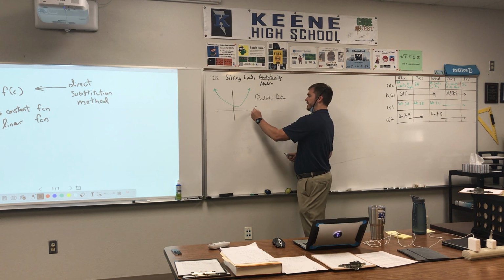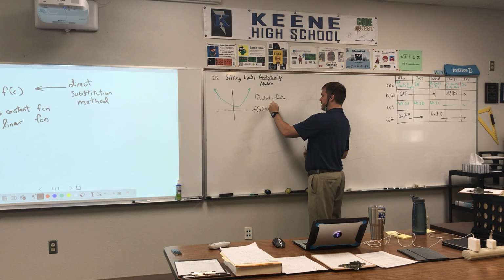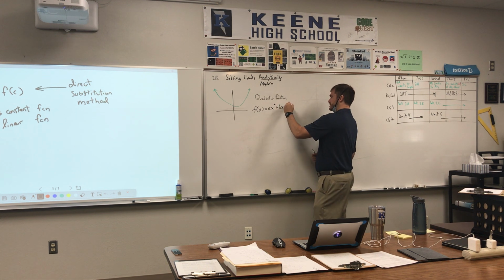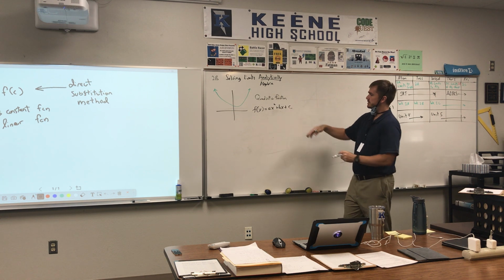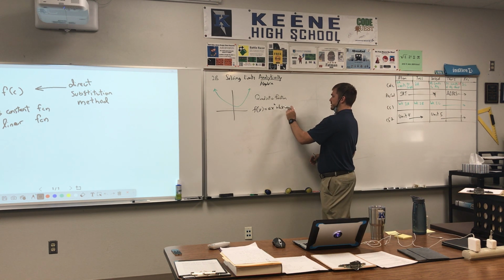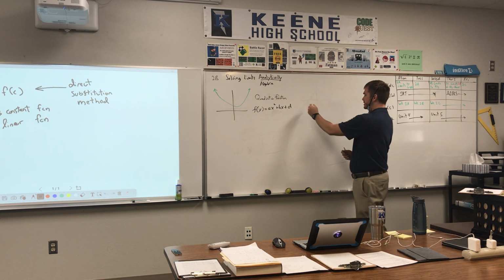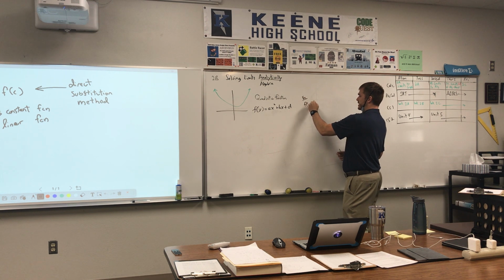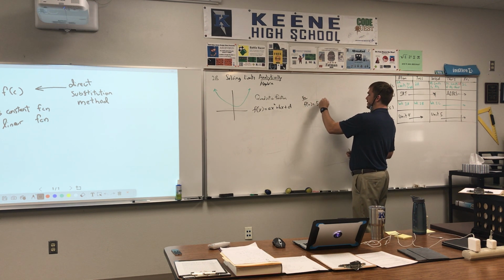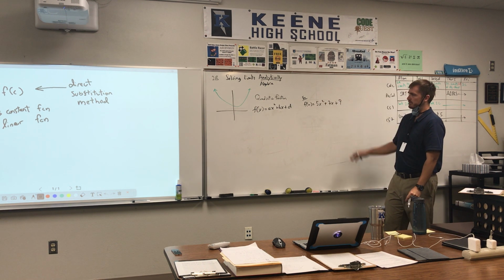And they take the form f of x equals ax squared plus bx plus c. Now, I've got the problem where I've got c right there, so I'll say plus d. For example, something like f of x equals 5x squared plus 7x plus 9. That would be an example of a quadratic function.